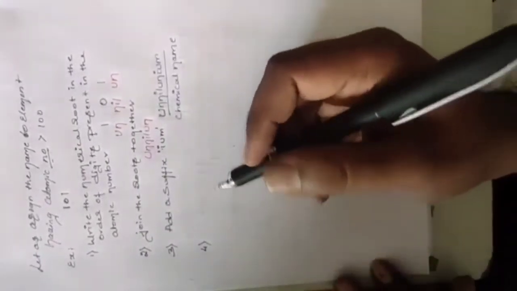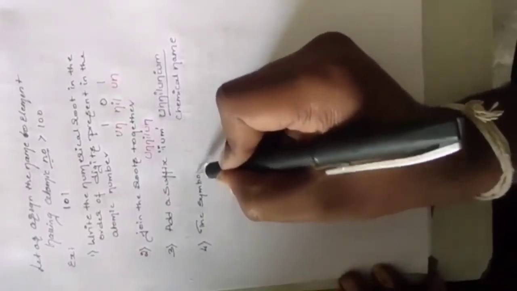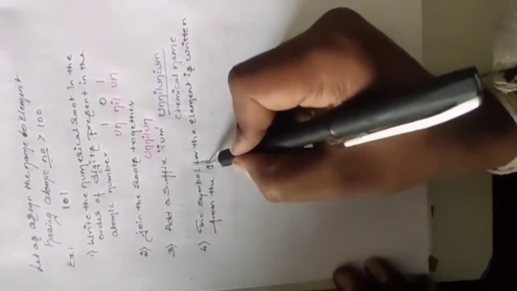Again, the fourth point: the symbol of the element is written from the first letter of the numerical root.